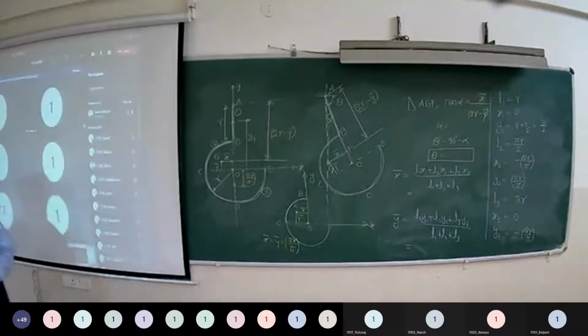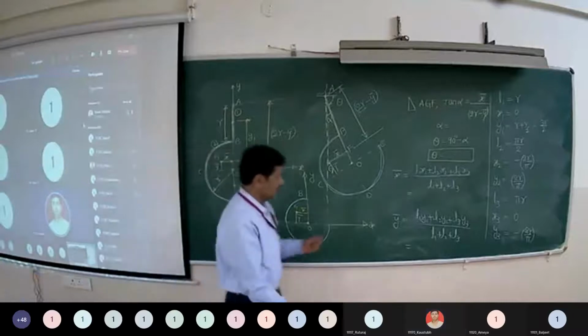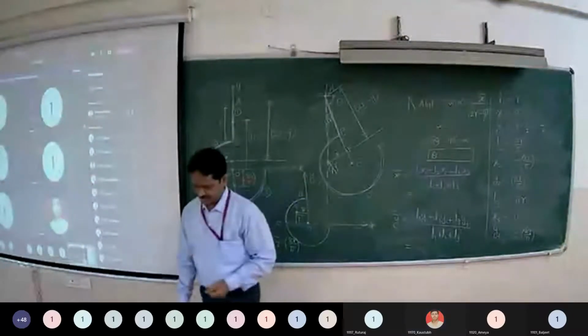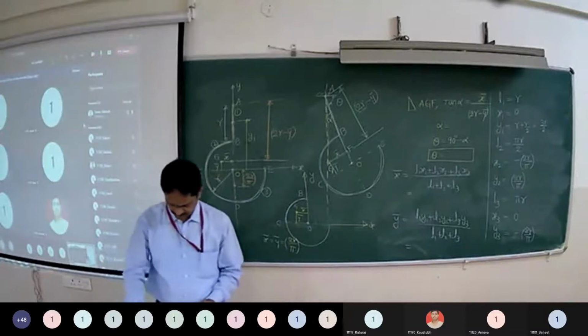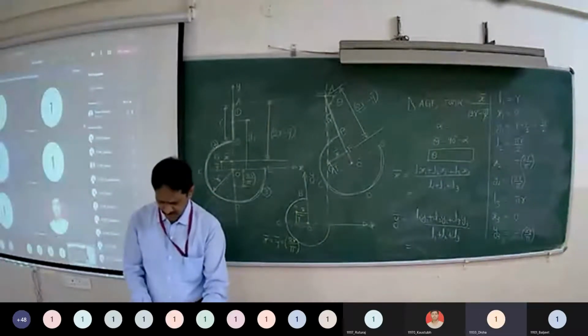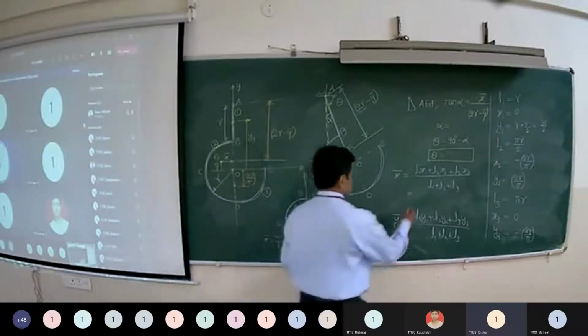Sir, is alpha equal to 5.23? No, first you tell me what are the values of x bar and y bar. Sir, x bar is pi R by 2 and y bar is half R square.